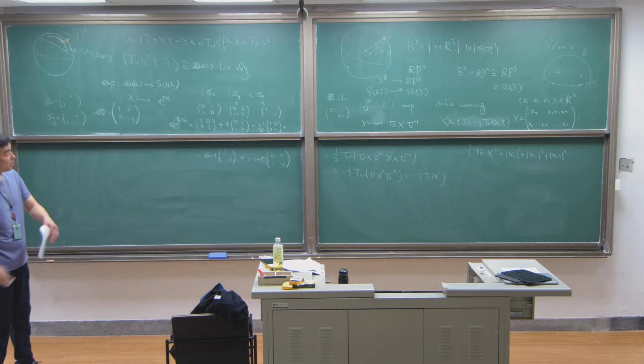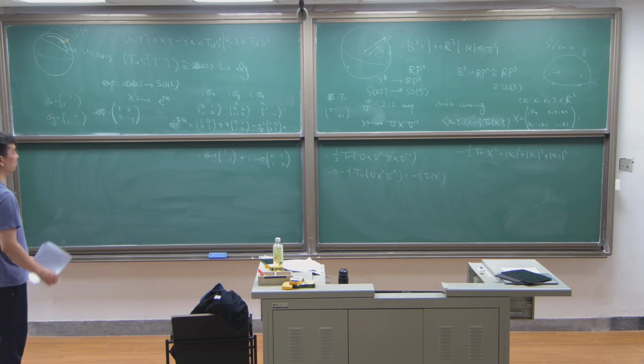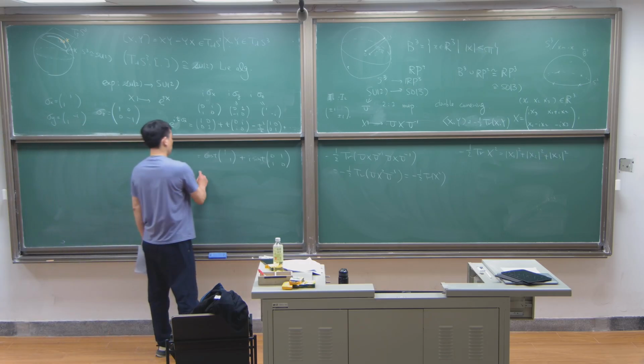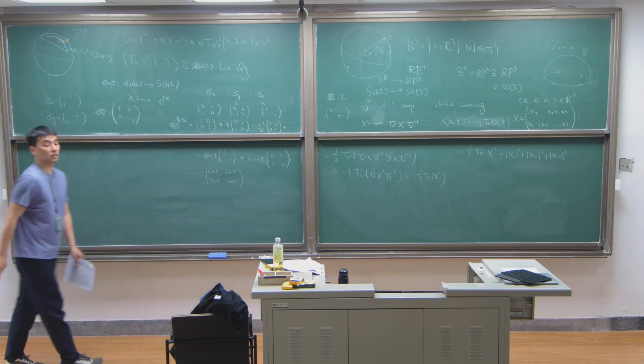So this is the element inside SU2. Namely, this is equal to cos t and i sine t, cos t. This is the generator.